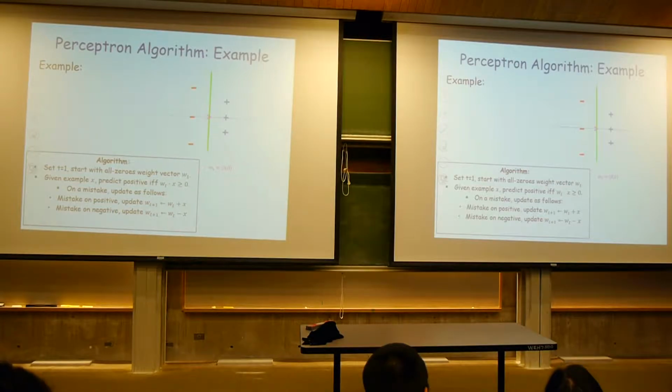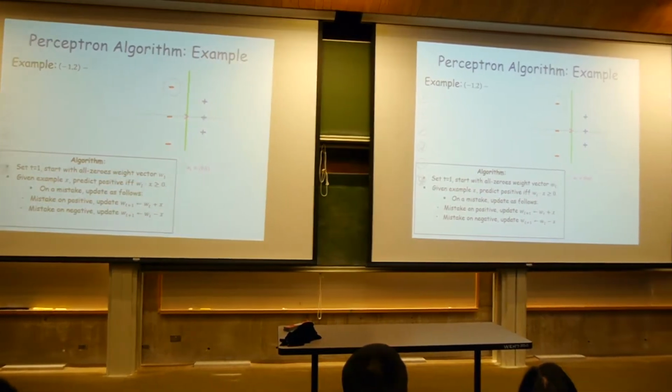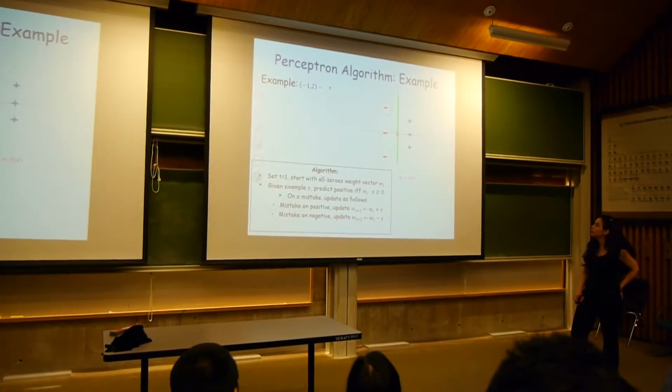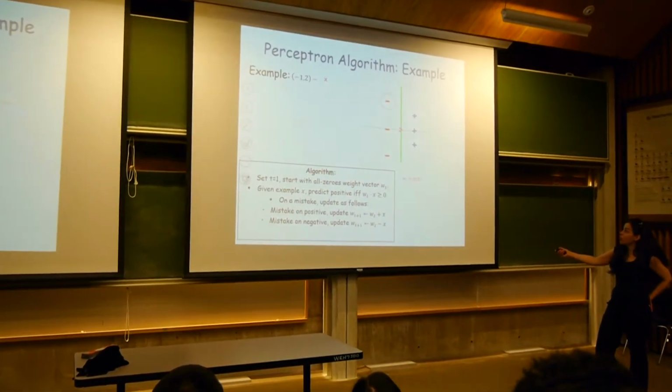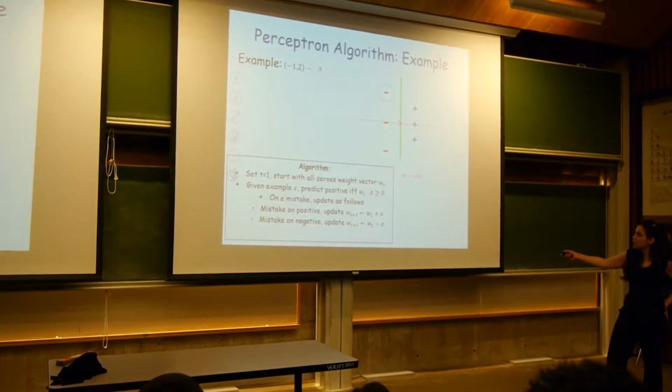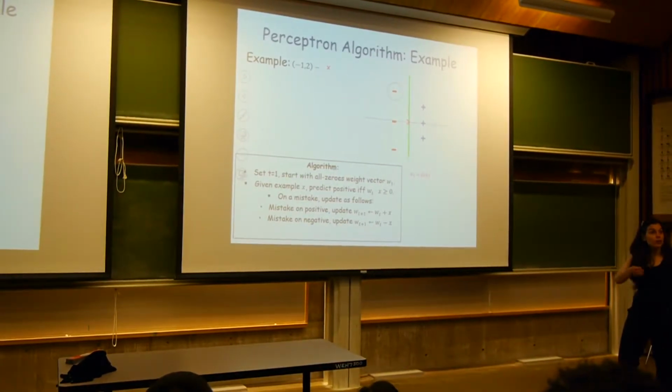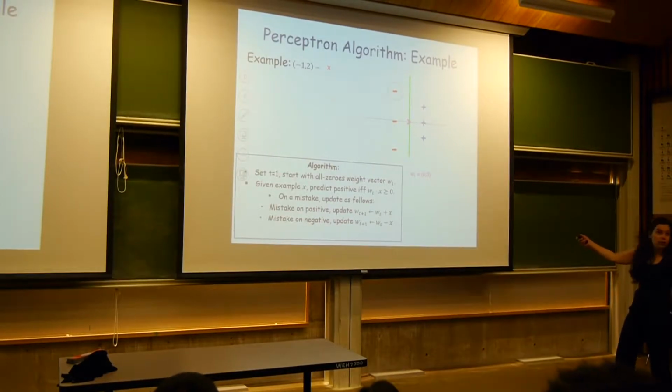So initially we start with the all 0 vector, right? This is the vector. Now let's assume that this is the very first example that we see. If we compute it, this is a negative example, but when we compute the dot product, because this is the all 0 vector, we get it wrong, right? Because we predict positive, since here we predict positive if and only if the dot product is greater than or equal to 0. So we make a mistake on this example.